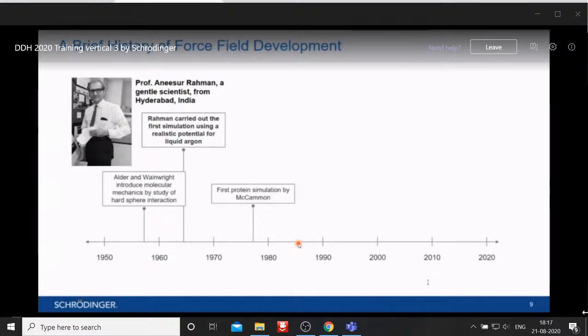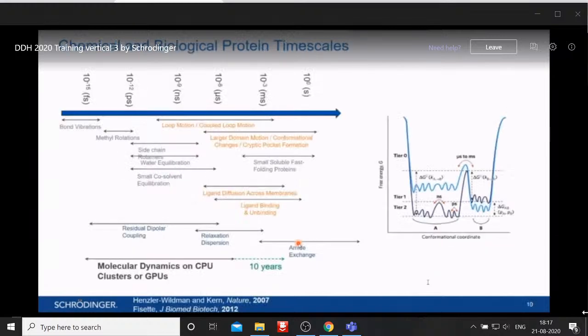Now people have high performance computing systems as well as GPU cards, so they can perform microsecond or millisecond level MD simulation in just one go. So the rest is history. We just need to know how it started, when it started, and how far we came. Now we have all the power to perform seconds of MD simulation. So that's the thing.